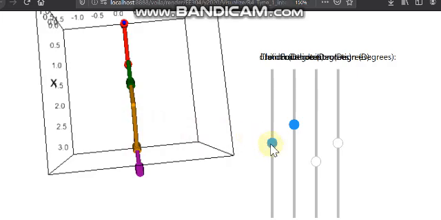But in the previous case, when theta 1 is changed, the rotation is happening about this point. So for the same angle, the length traversed is proportional to this length. Obviously, this length is larger than this length. Therefore, in the first case, the distance traversed was more, and in the second case, it was less. In fact, the two lengths are in the ratio of 3:2, and that's why we see the difference in the two numbers.